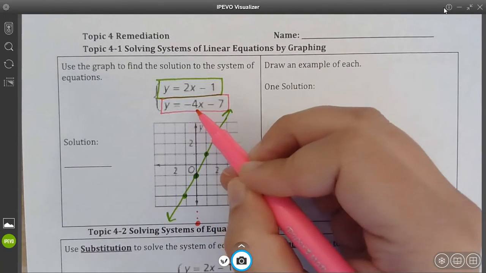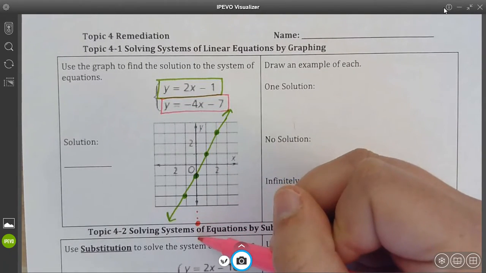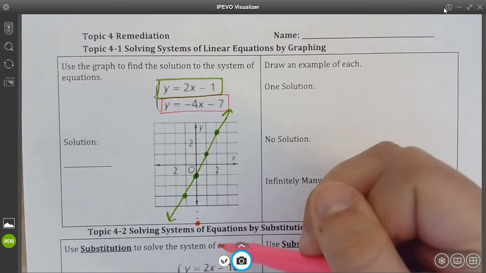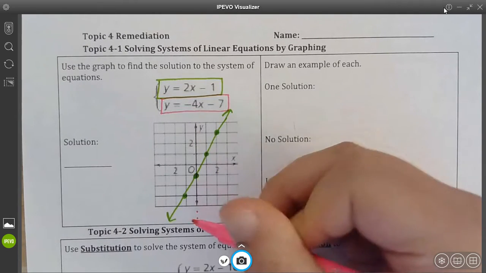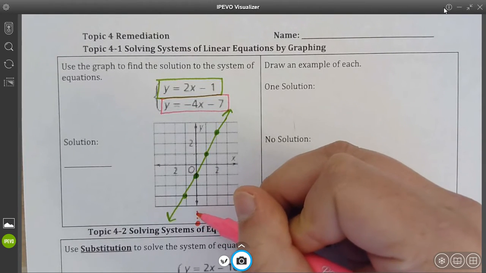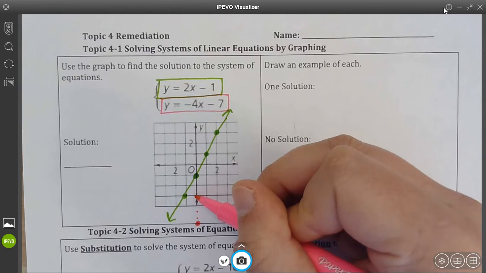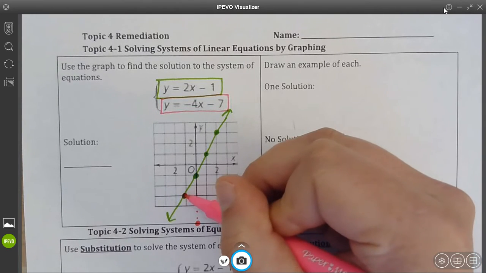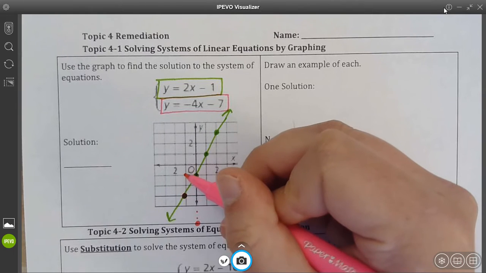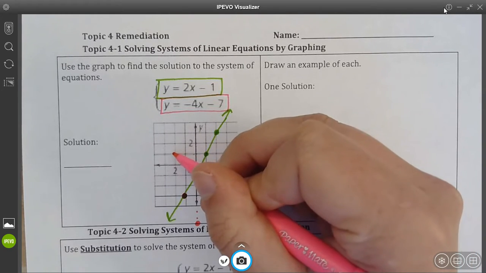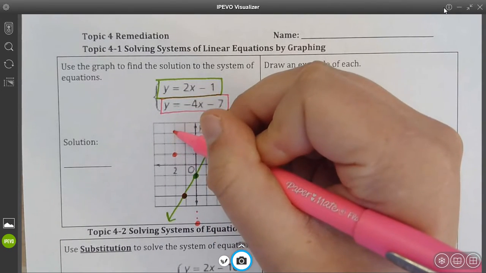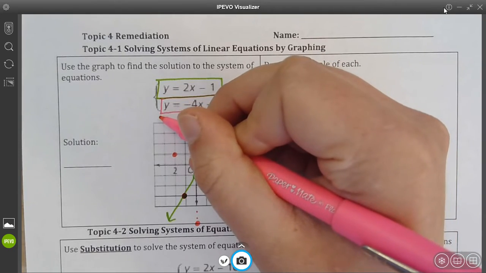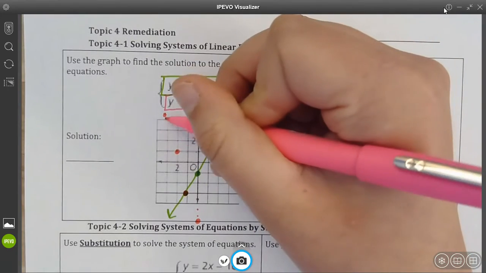My slope is -4, which means I'd have to go down 4 more units, but now I'm way down off the graph. So I'm going to do the opposite. I'm going to go up 1, 2, 3, 4, and to the left 1.